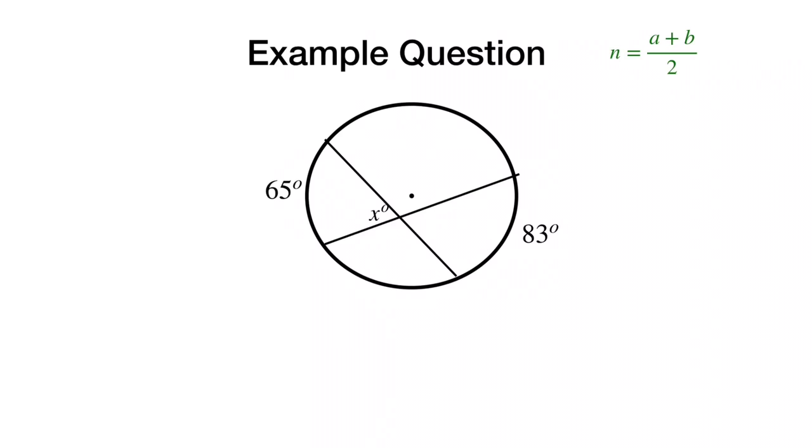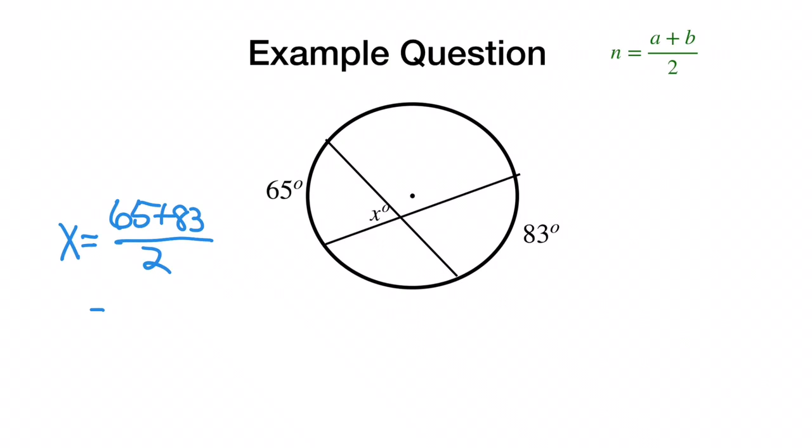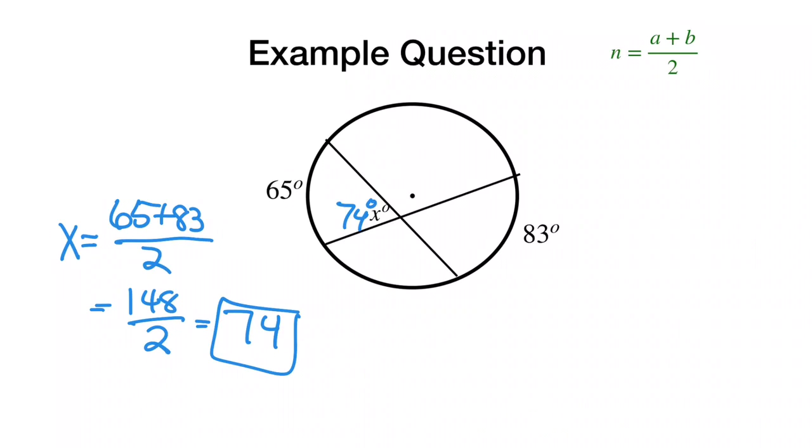So all we need to do is add the two arcs together because we have the formula right here. Add those two arcs together, divide by 2. 65 plus 83 is 148 over 2, which is 74. So each angle here is 74 degrees.